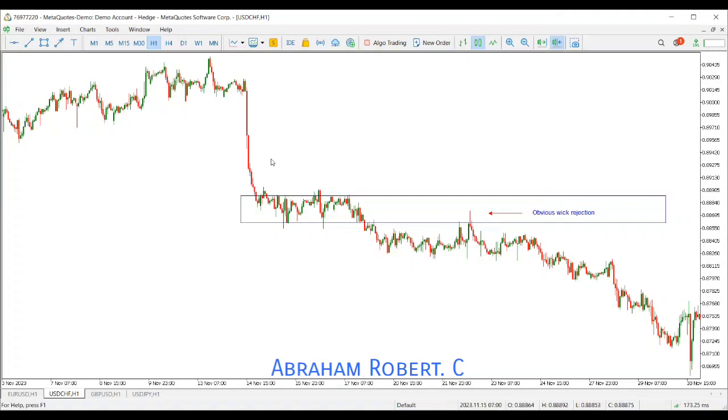The third one is there should be some level of break and retest. As you can see, the market broke out from this point, came down and retraced back to that same resistance, and the candle formed. So it met the three categories: with the trend, forming at resistance, and a level of break and retest.